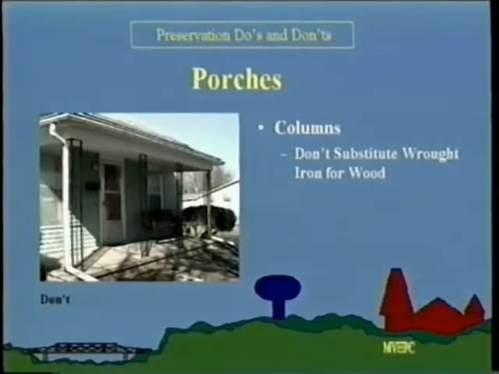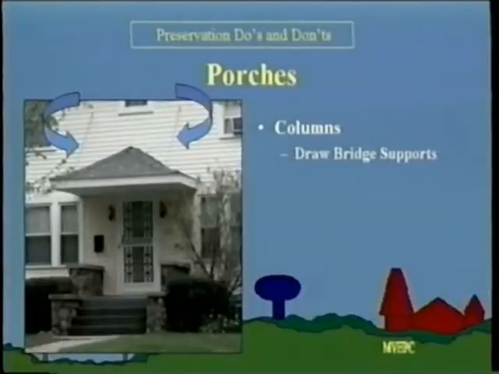Don't use substitute wood or wrought iron columns for wood. Again, the wrought iron pretty much ceases to exist visually when you put it in there. In other words, your eye goes immediately back to the main part of the house, except for this downspout. So the wrought iron, it's like the roof is hanging there without anything supporting it.